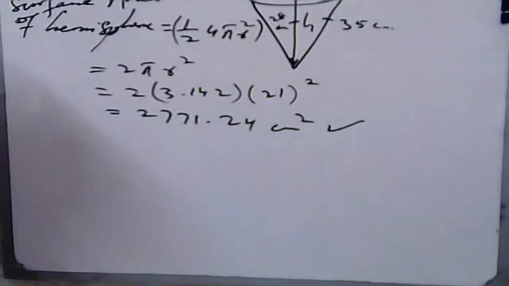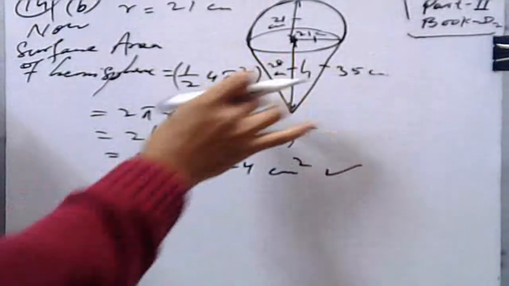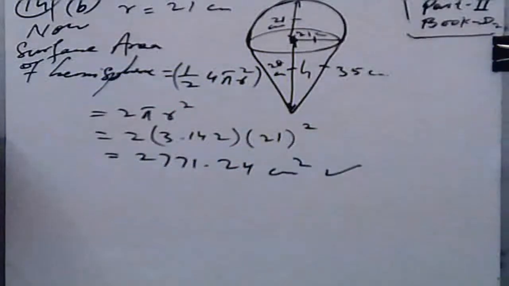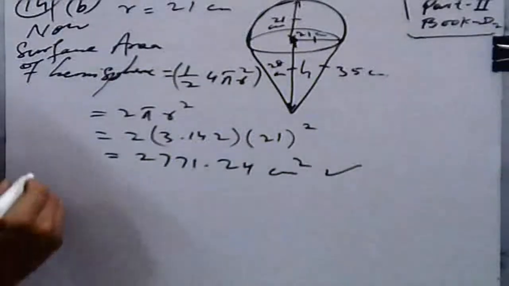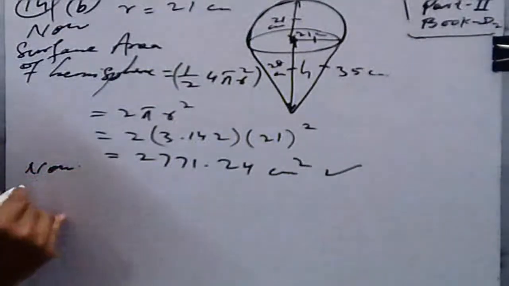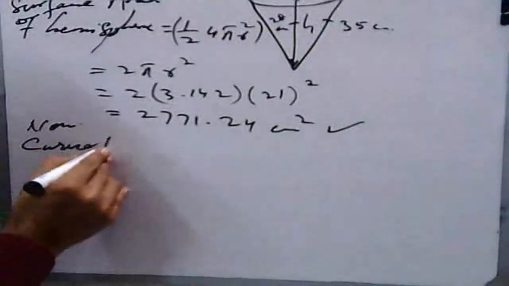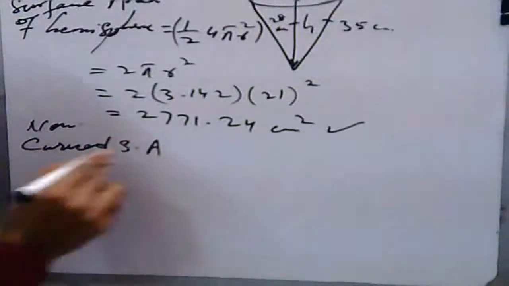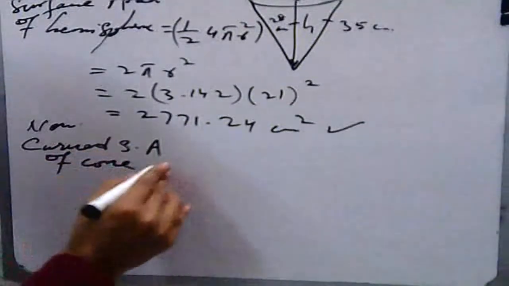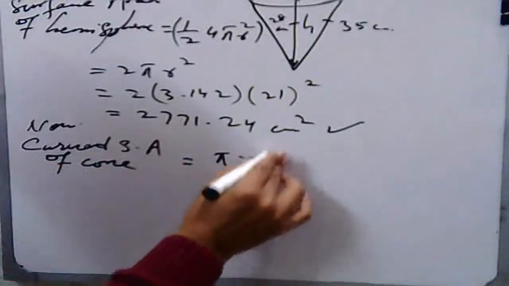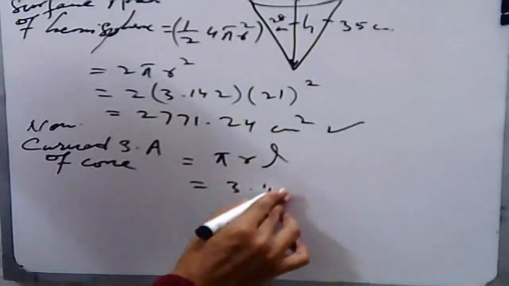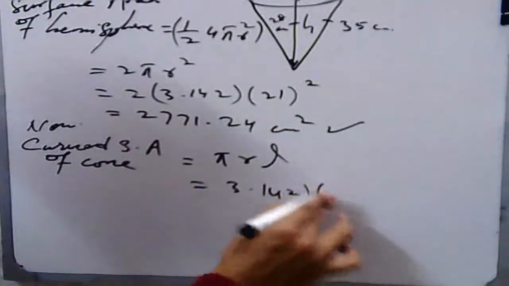Now curved surface area of cone is equal to pi r l. So putting the values, cone having length, that is 35, it is given to us in figure. So you will get 2309.37 centimeters square.